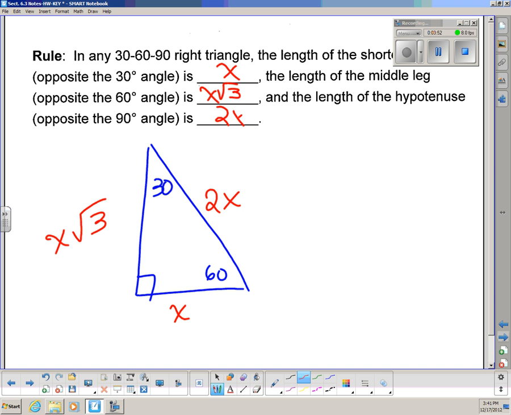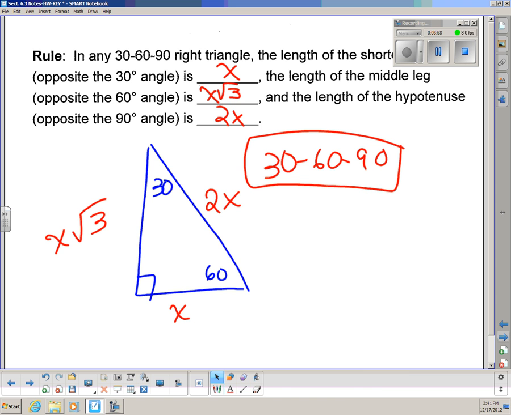So this is what you're going to have memorized for the 30, 60, 90 special right triangle: the short leg, no matter what, is always going to take length of x. The leg opposite the 60-degree angle is going to be x rad 3, and the hypotenuse is always going to be twice whatever that short leg is.